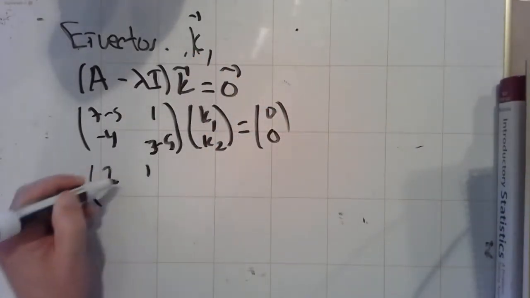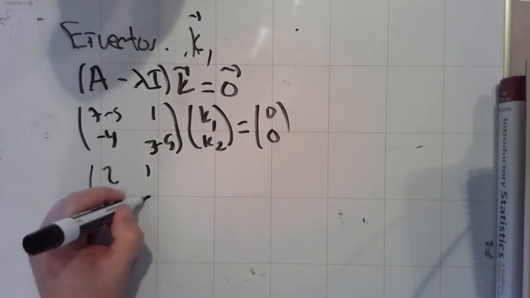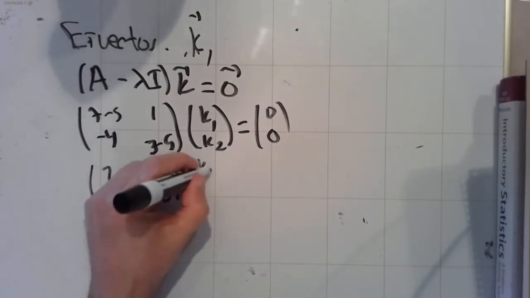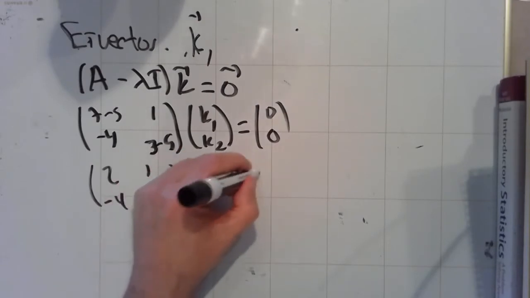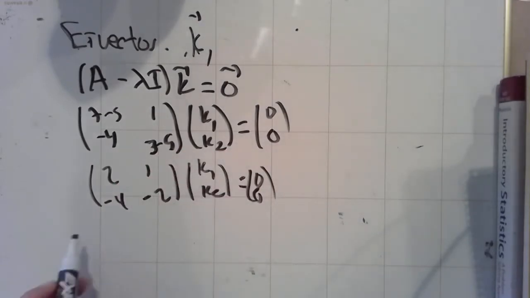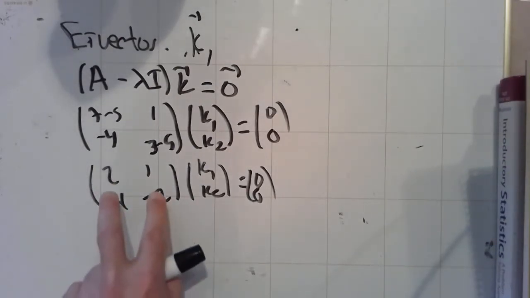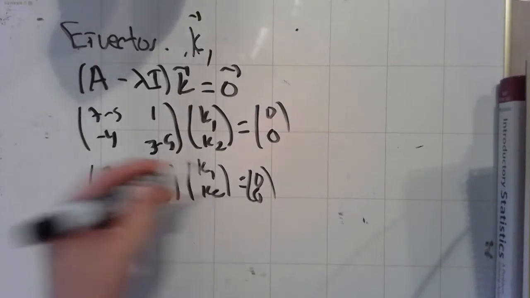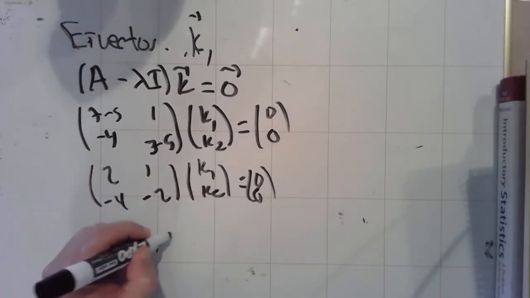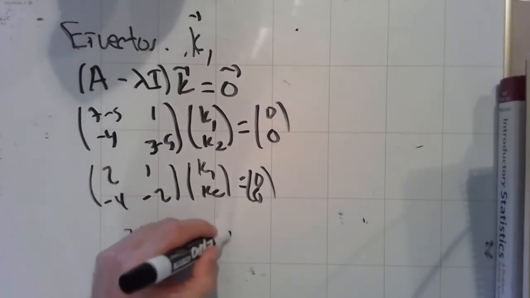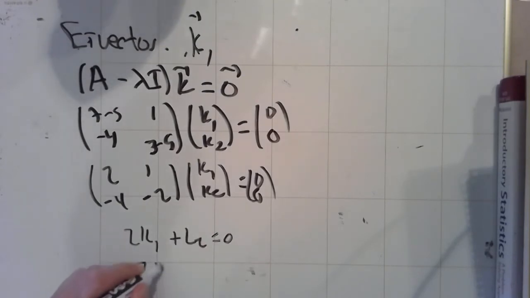So that's 2, 1, negative 4, negative 2, k1, k2 equals 0, 0. Remember, this is always going to be the same equation twice. We can use the top or the bottom. So just multiplying, let's just use the top. We get 2k1 plus k2 equals 0, or 2k1 is negative k2.